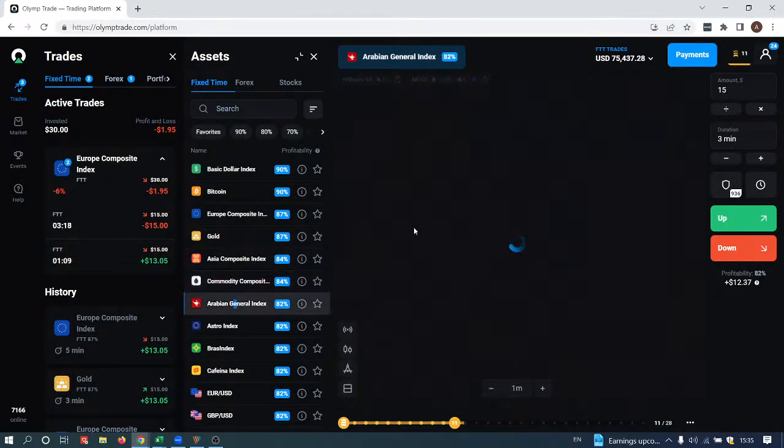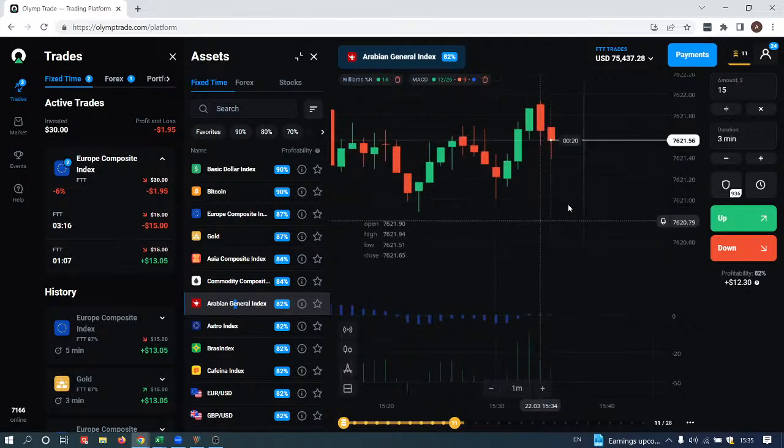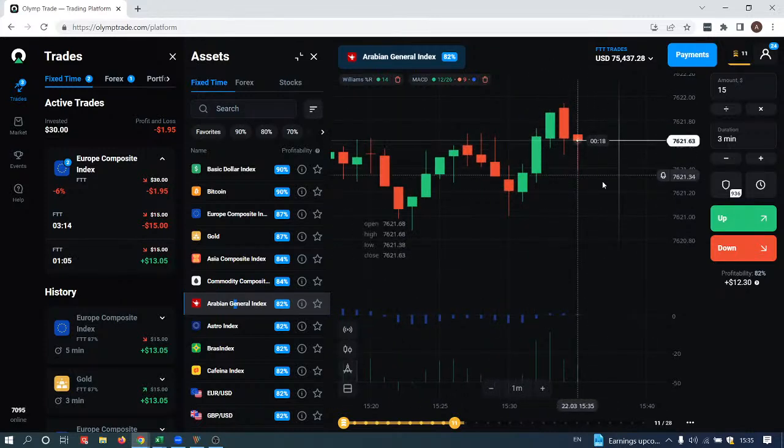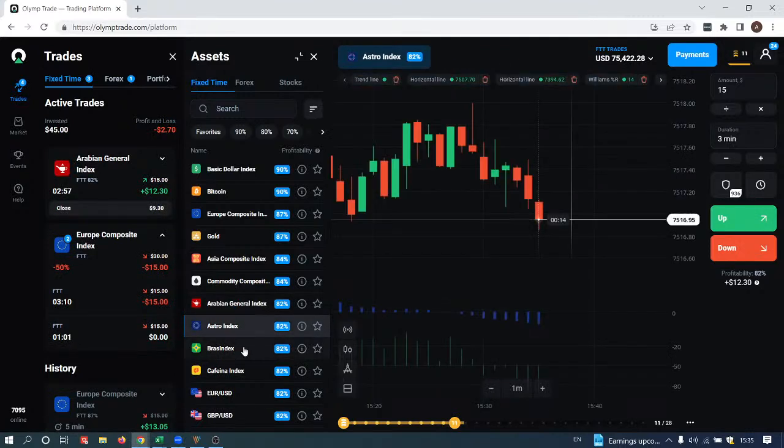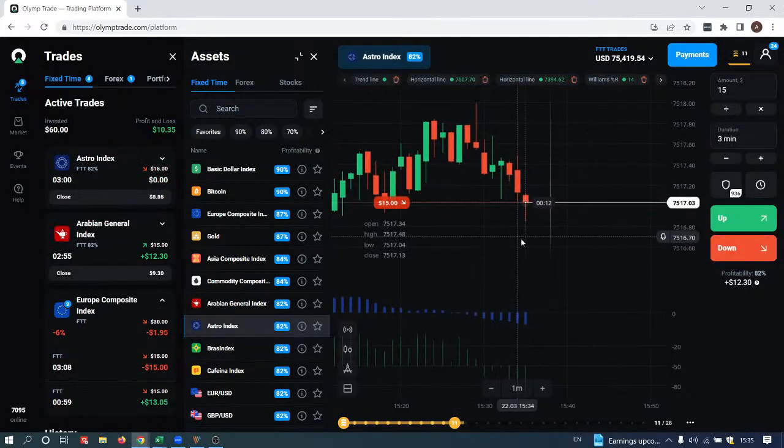What should we focus on? So Arabian General Index. Let's try this one. Okay, up trade here, and Astro down trade.